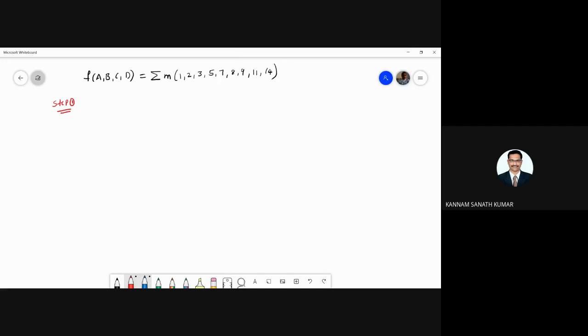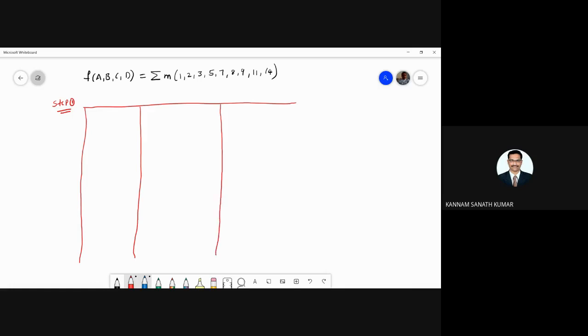So you have to make a table with the group, minterms, and binary representation columns.